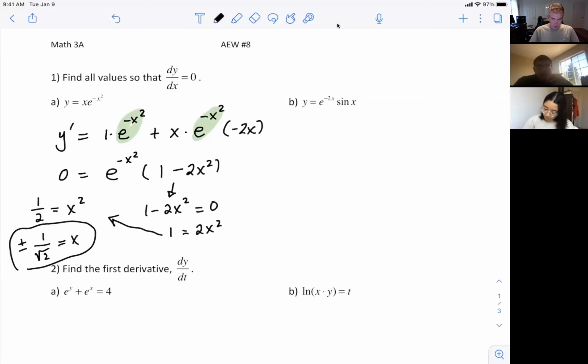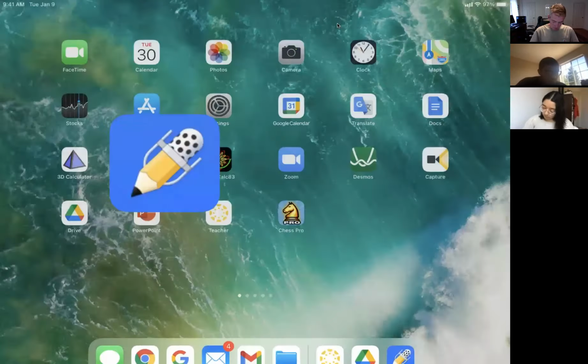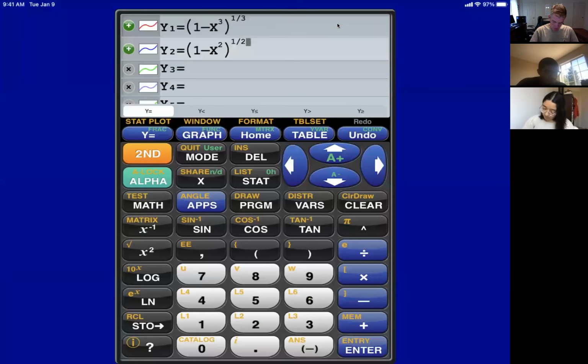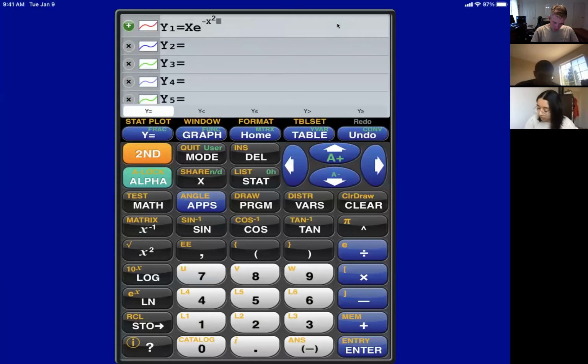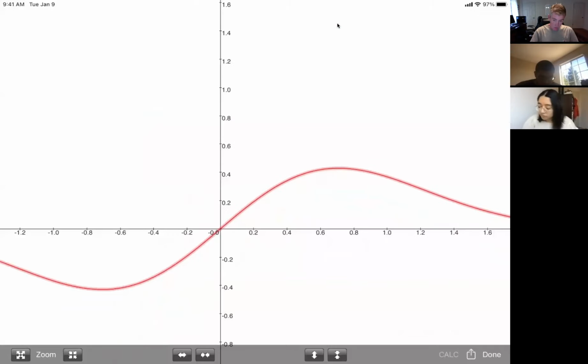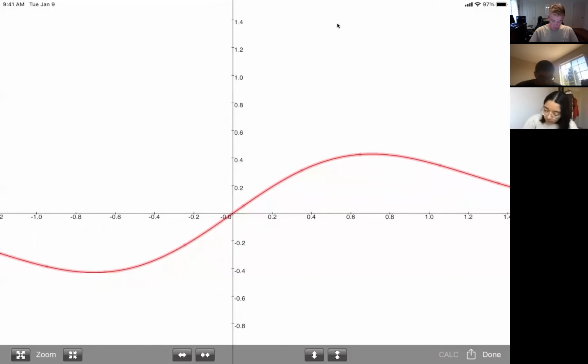And then when you take the square root of both sides, put plus and minus. And then I think I want to check that one real quick. So graph the function x times e to the negative x squared. And it looks like there's two places where the derivative equals 0. One would be right there where it says the maximum.